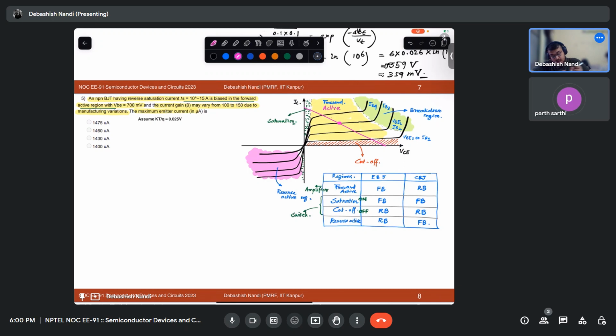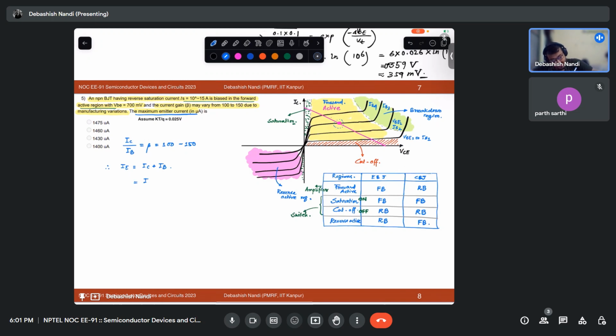Okay. Yes, sir. So now, by the way, if this is biased in forward active region, you can tell me IC by IB is your beta, right? That is 100 to 150. And what about your IE? IE is your IC plus IB. They asked us to find out maximum emitter current. Fine.